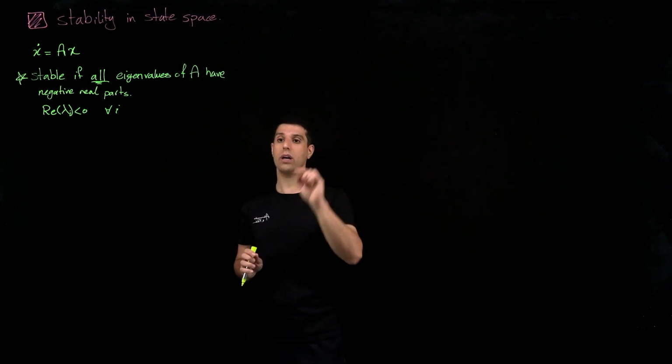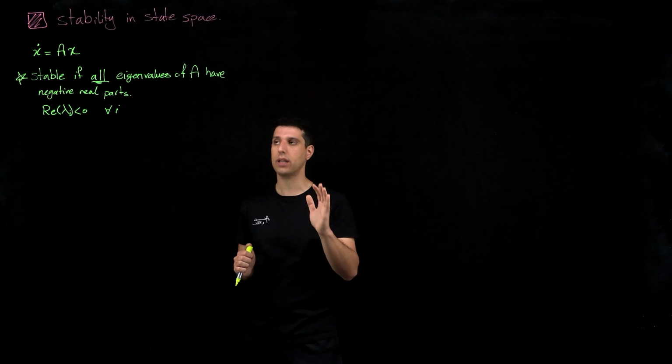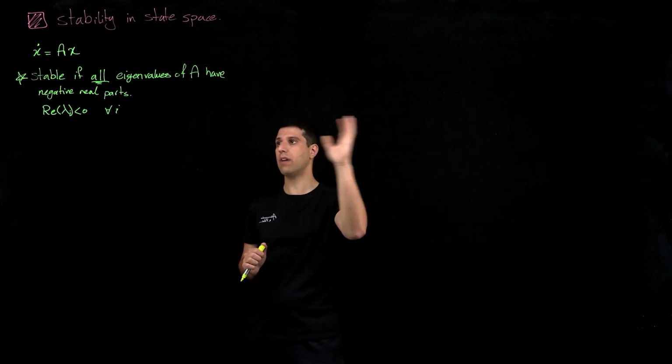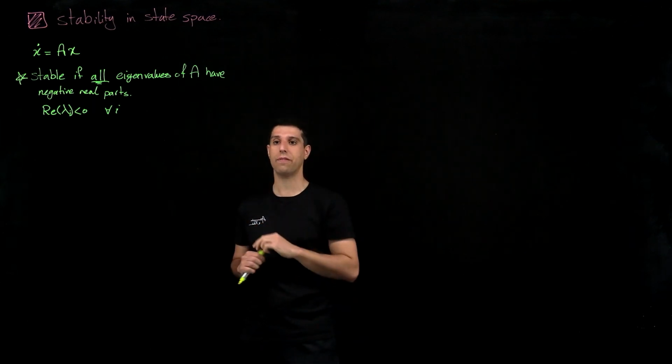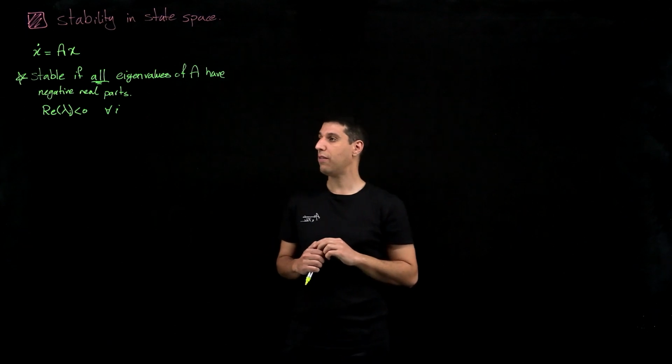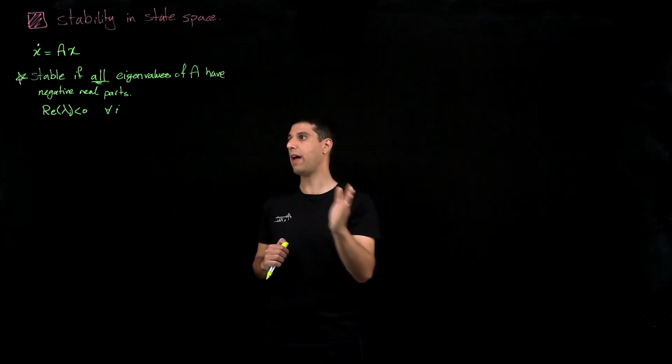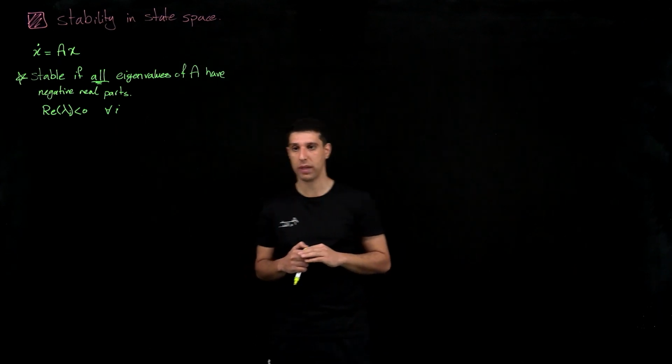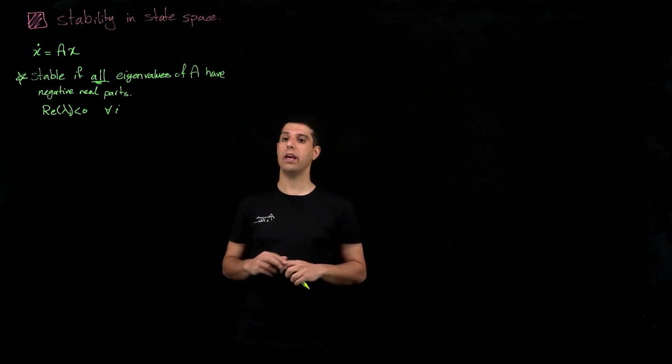So if all the eigenvalues, real or complex, doesn't matter, are in the left half plane in the complex plane, the system is stable.